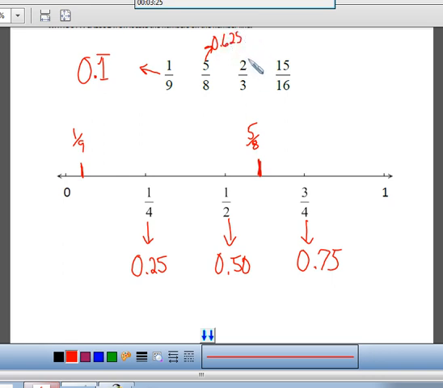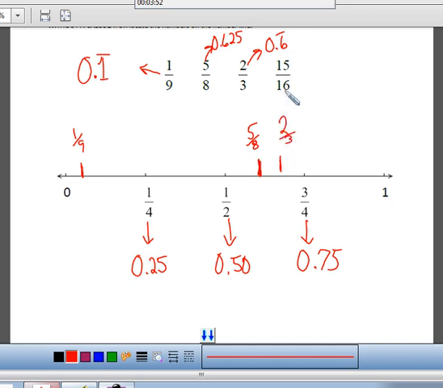2/3, hopefully some of you know this one, if we convert it to a decimal, is 0.6 repeating. So 0.6 repeating is definitely going to be bigger than 5/8. It's obviously less than 3/4. So let's just put it somewhere in between here. So 2/3.